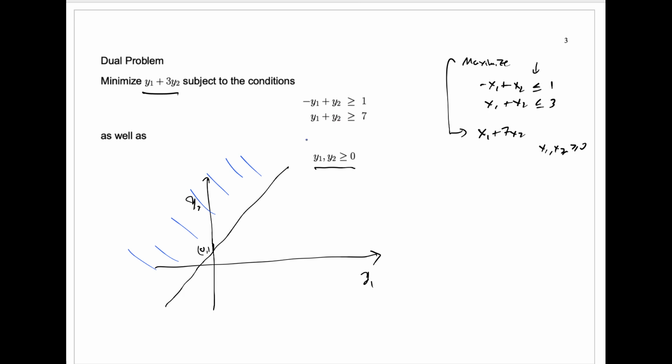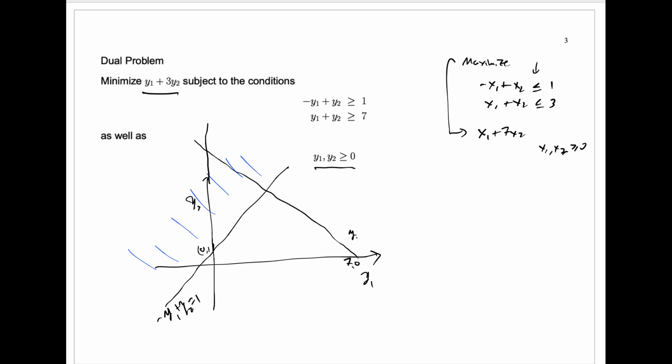Let's look at y1 plus y2 greater than or equal to 7. This line, by the way, let me write down minus y1 plus y2 equals 1. The y1 plus y2 equals 7, if I just extend this a bit more, looks something like this, where here's the point 7, 0.